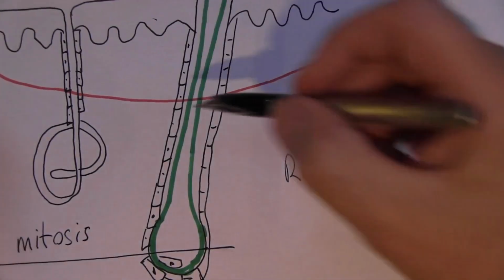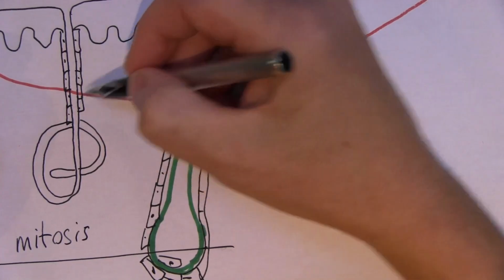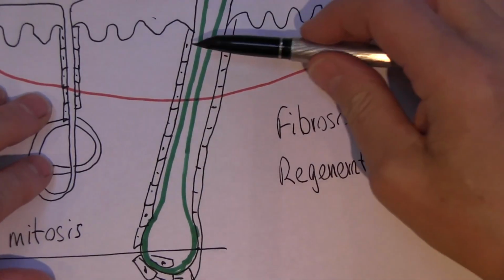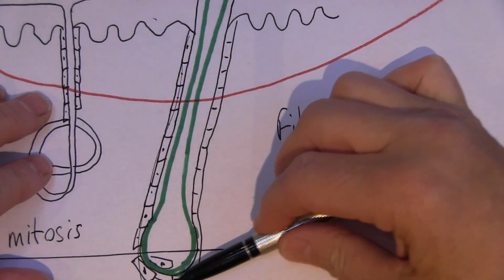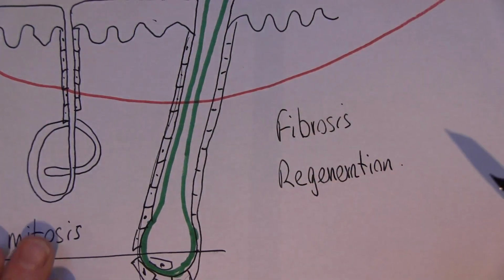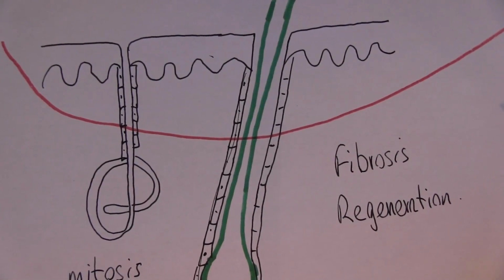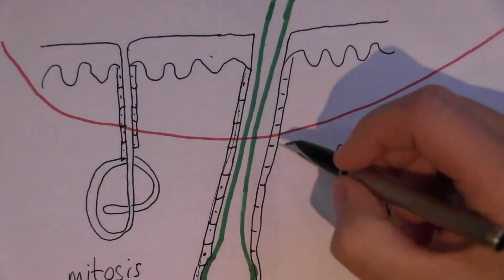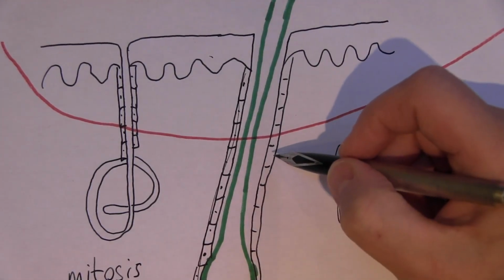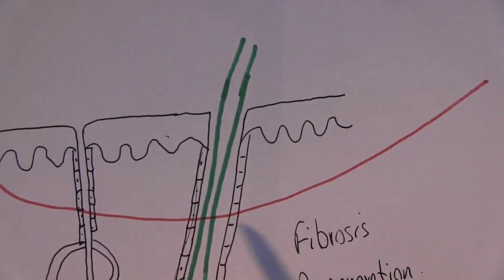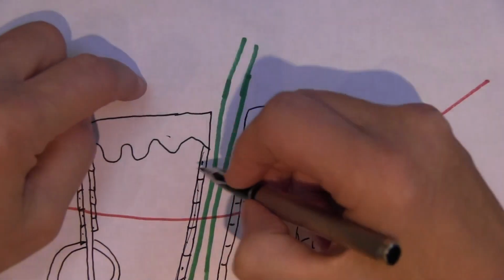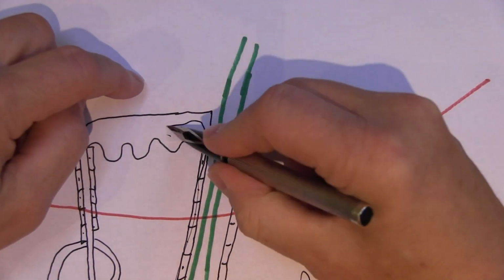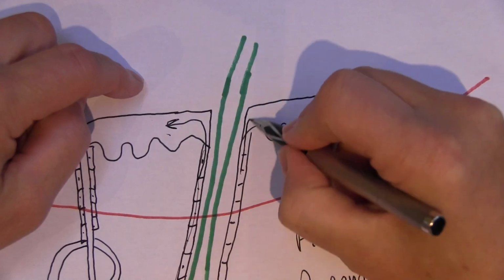So isn't it fortunate that we've got spare keratinocytes down here and spare keratinocytes all the way down here? And when there's injury, cytokines released by the injury will stimulate mitosis in these keratinocytes. There will be increased rates of mitosis, and these will migrate upwards and they will form a new epidermis.